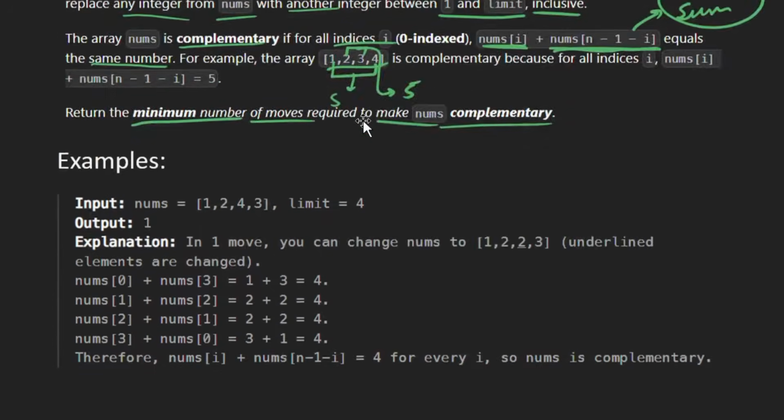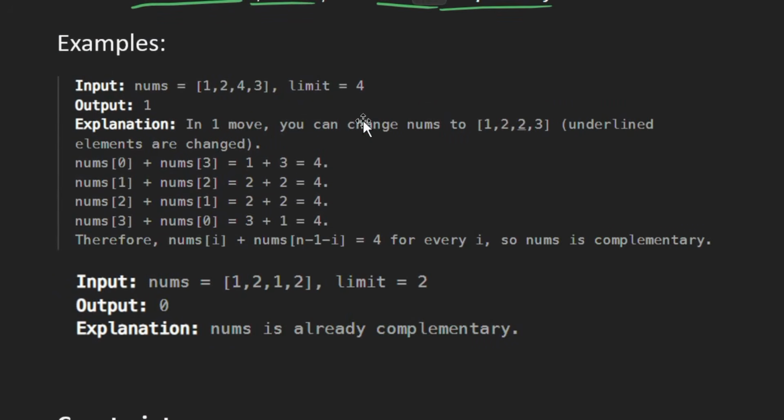So let's move to examples. Let's see the first example. In the first example we are given the array 1 2 4 3 and our limit is 4. That means we can replace any number from 1 to 4. So see, 3 plus 1 is 4, and 4 plus 2, the sum is 6.